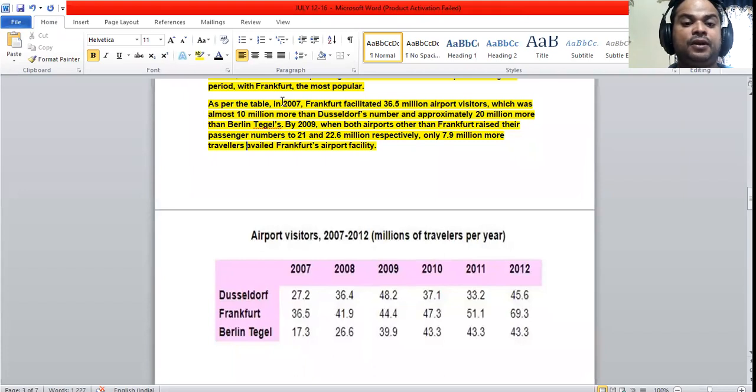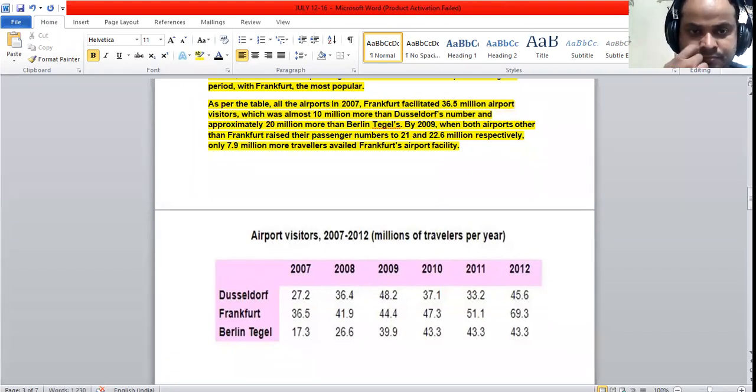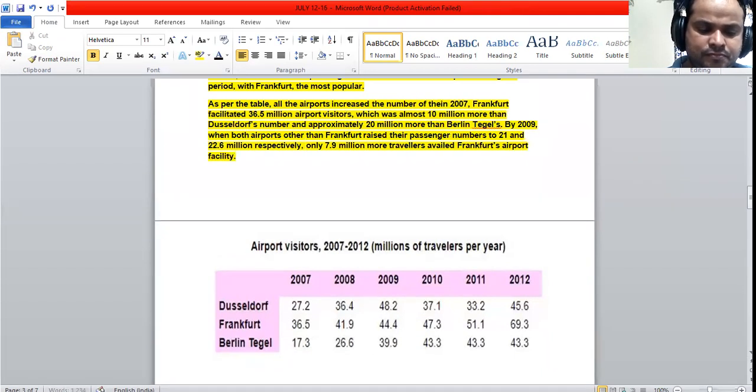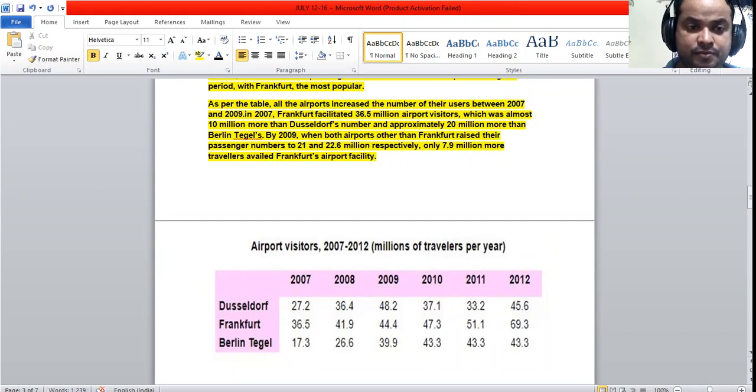As per the table, okay, so I have said one more additional data.